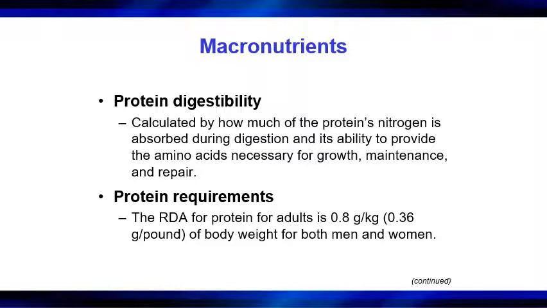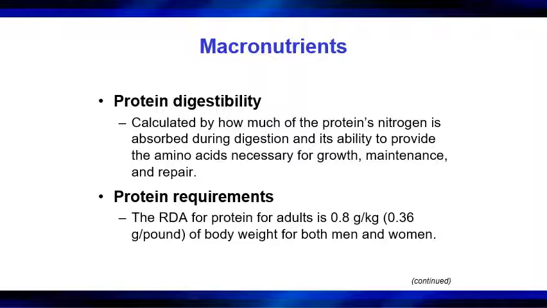In general, plant proteins tend to be less digestible. So again, if you have an individual who doesn't consume animal proteins, they really have to be intentional about selecting the right plant proteins in order to get all of the amino acids they need to get the most out of the protein that they're consuming.